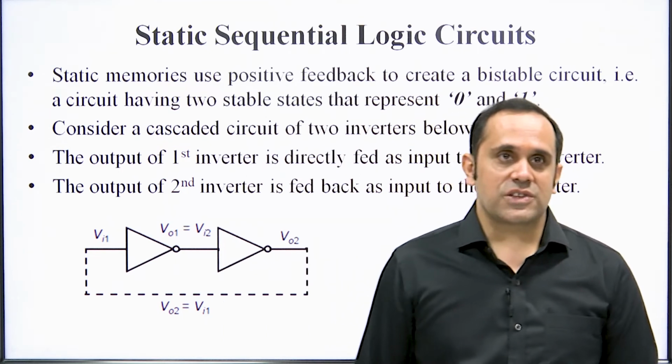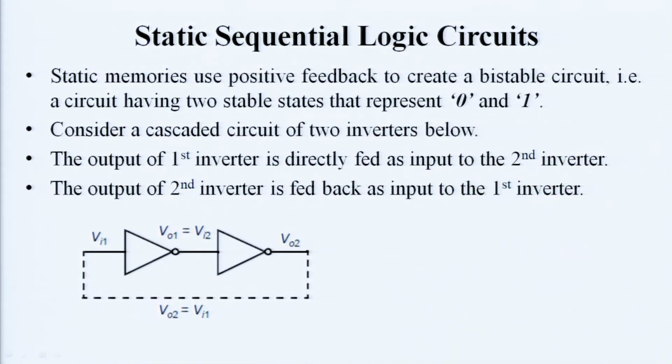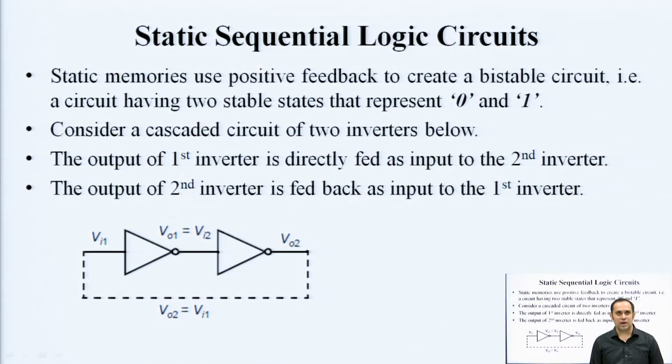In the previous lecture, I introduced you to what sequential logic circuits are, and how they differ from combinational circuits. The memory or storage element is the major distinction between a combinational and a sequential circuit. If you remove the storage part from a sequential circuit, you are left only with a standard combinational block.